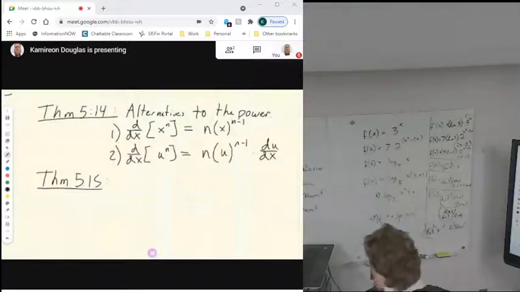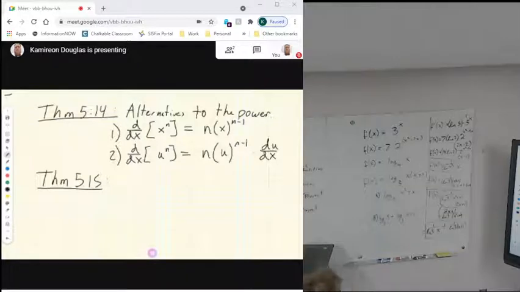Theorem 515 is the actual definition of e. So some of you guys might have been wondering how Euler came up with this number, how he got 2.717 as e and how he knew it worked.